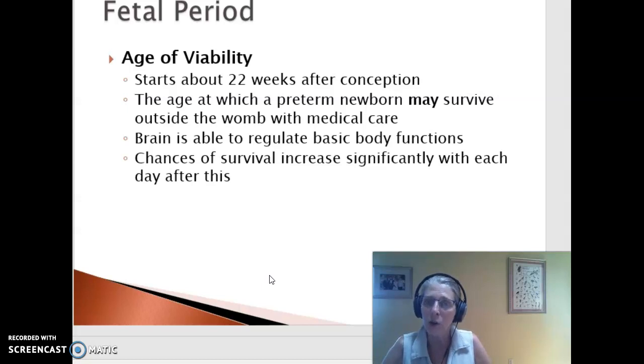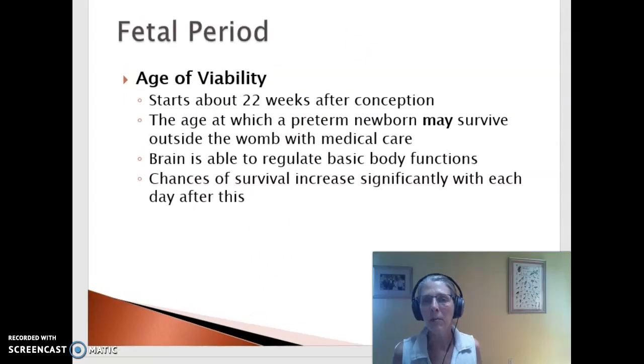So it starts about 22 weeks after conception, and this is the time frame when the baby might be able to survive outside the womb with some medical or technological support, machines, think of it. So with medical care, the brain is able to regulate enough of the basic body functions for the baby to be viable.